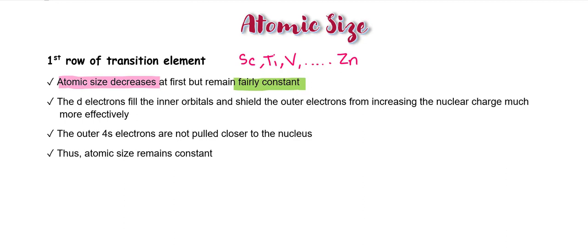Why does this happen? This is due to the d electrons filling the inner orbitals and shielding the outer electrons from the increasing nuclear charge much more effectively. This makes the outer 4s electrons not pulled closer to the nucleus, and so the atomic size remains constant.